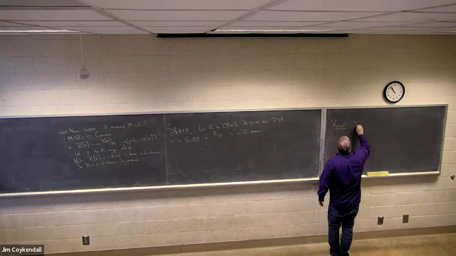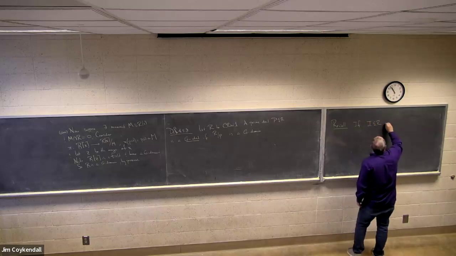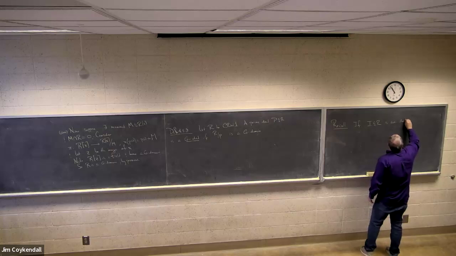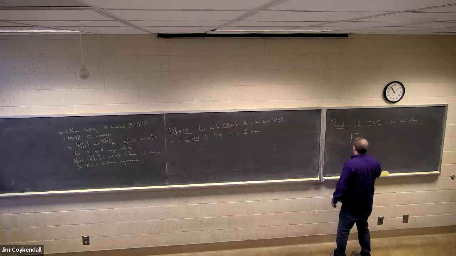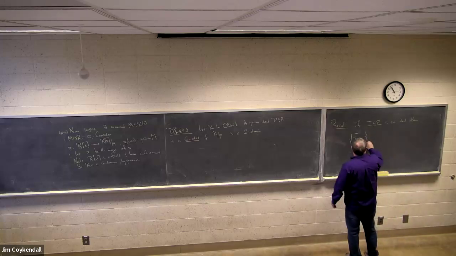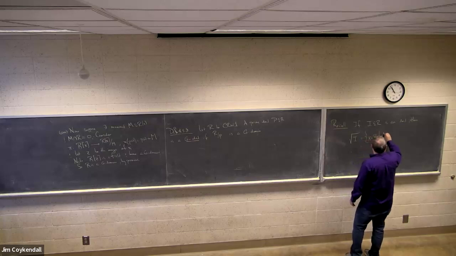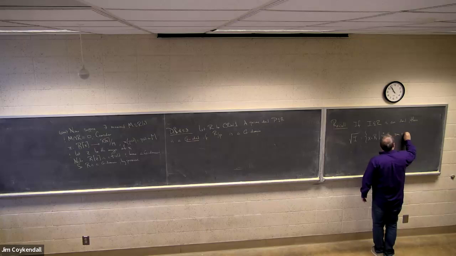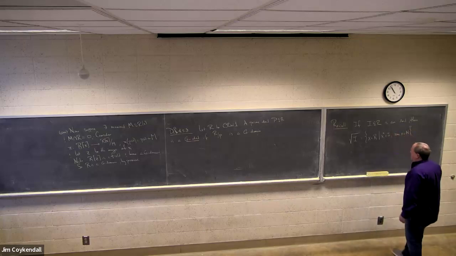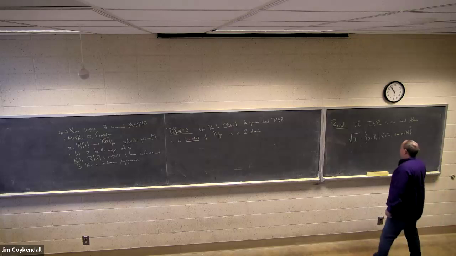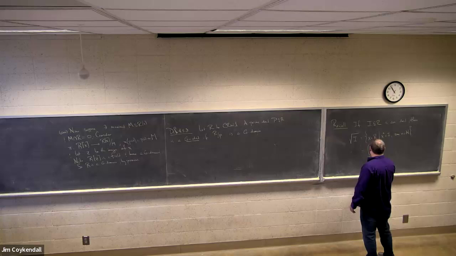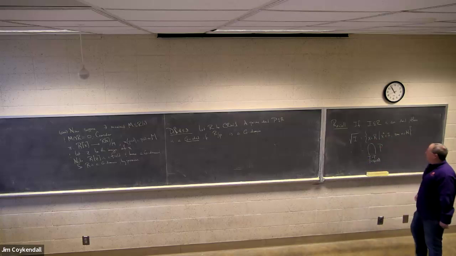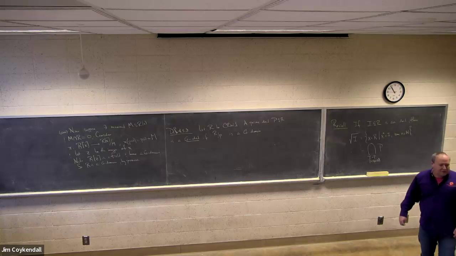The radical of I, which is the set of all x in R such that x to the n is in I for some n in the natural numbers, is equal to the intersection of all prime ideals that contain it.